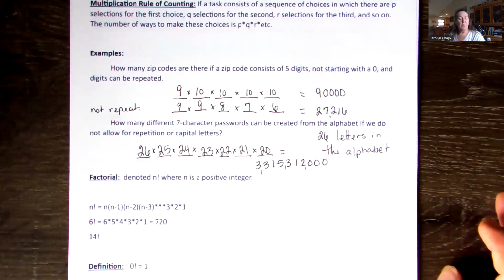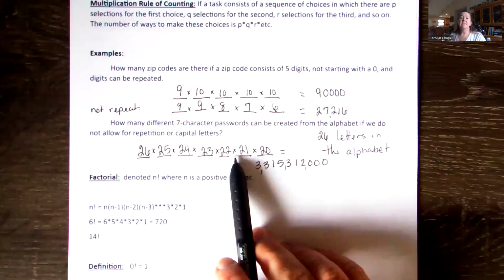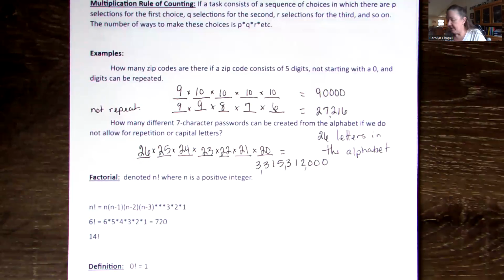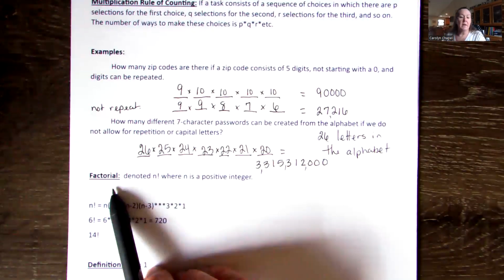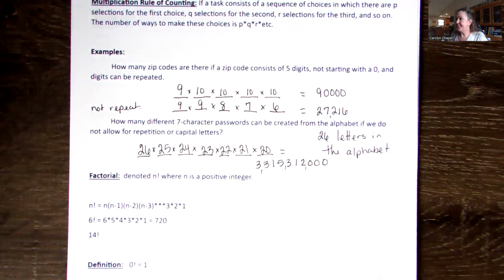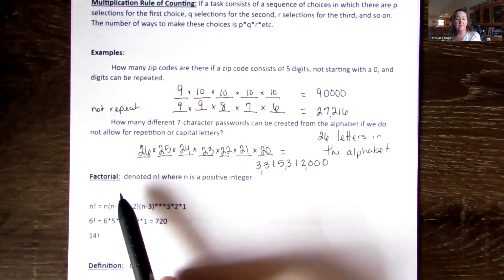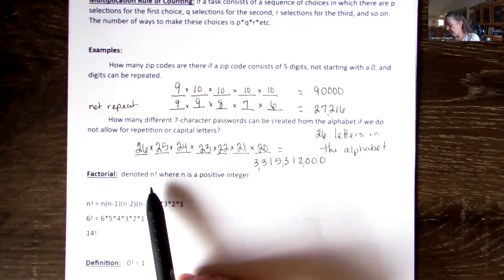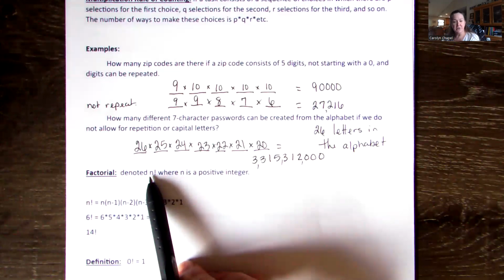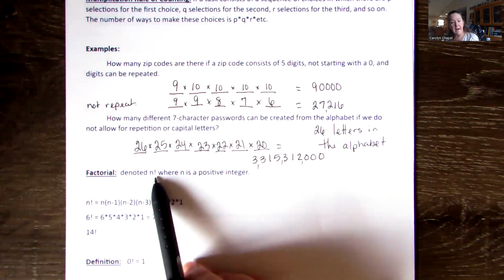In some of the formulas that we'll see that can do this without having to multiply all those pieces together, we're going to have something in it called a factorial. First of all, we denote our factorial with some sort of integer, so a positive integer followed by this exclamation point.